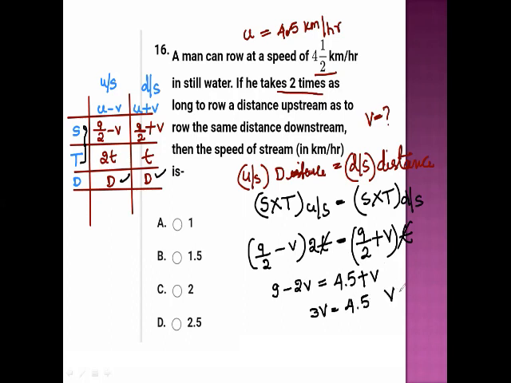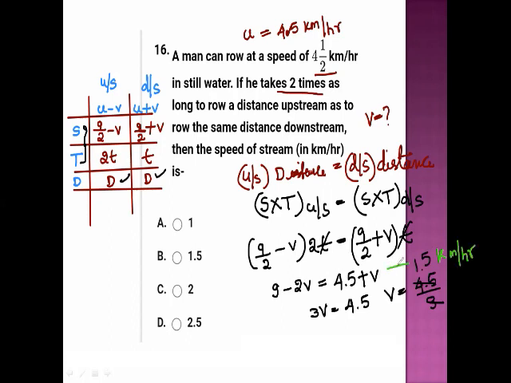So what is v here? v is equal to 4.5 divided by 3. 3 ones are 3, 3 fives are 15. So the speed of the current or the river water will be simply 1.5 kilometer per hour.